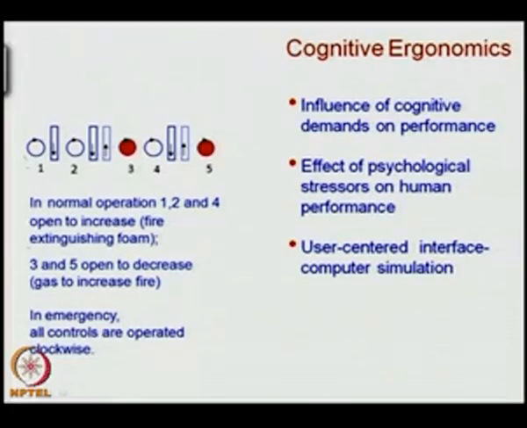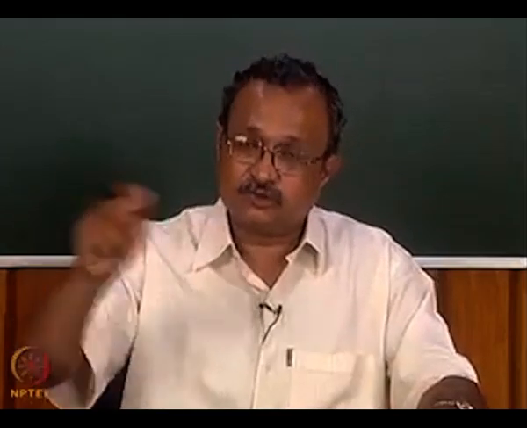So, in a single machine control, a single operation, the desired task is being done. In emergency, all controls are operated clockwise. When we are in full control of our mental stability, we can selectively decide which one to operate and which not to, but in emergency it is difficult. So, a single movement would be better.